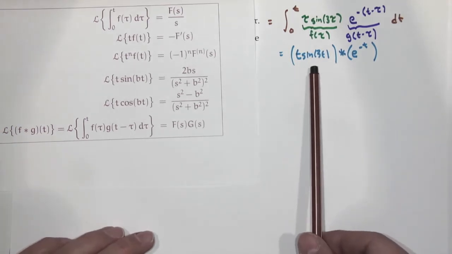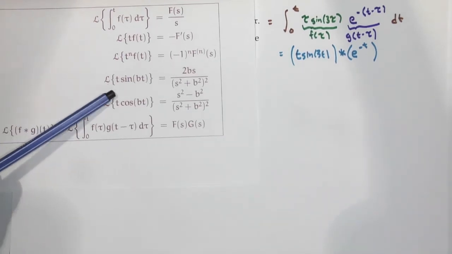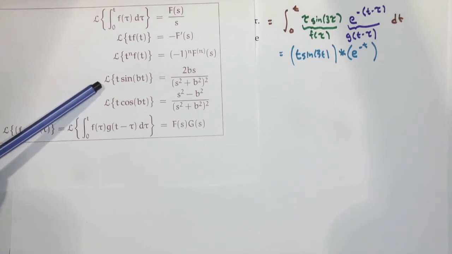Do we know what happens to t sine 3t? Is there anything that can help us figure that out? There's nothing? I think there might be something somewhere that tells us what happens to t sine 3t. Oh yeah, it's right there.